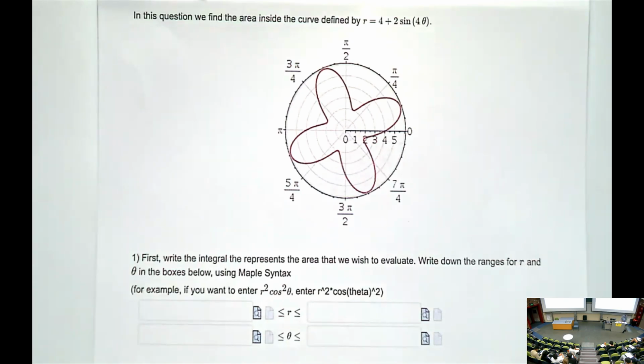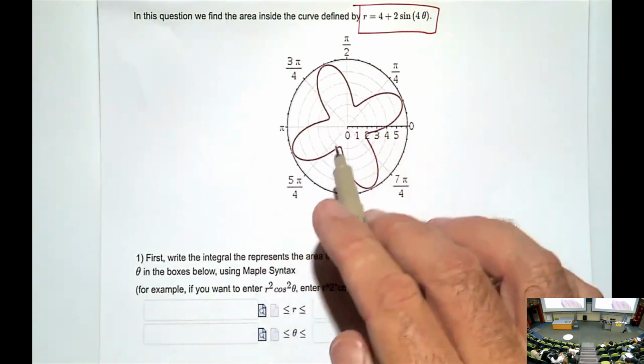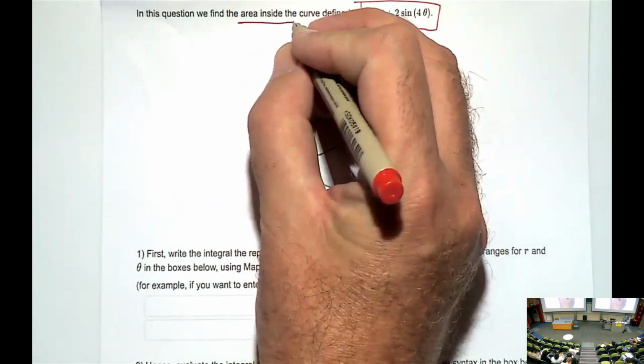They say the curve is here. So it's like a four-leafed flower. Isn't that nice? Okay? And we want to find the area.